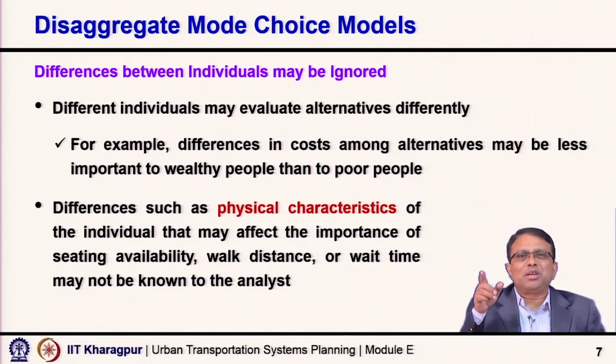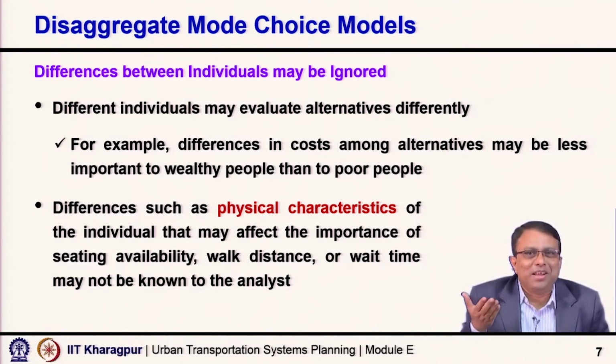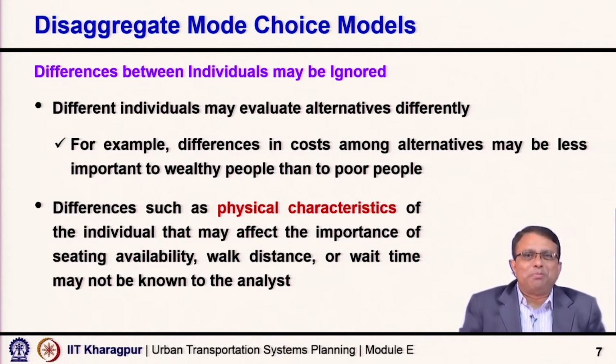If 3 characteristics are matching, then all individuals are going to be the same. It's in a way very strange, isn't it? It cannot be so simple, right? Because we are ignoring the differences between individuals, whatever characteristics we have considered, only based on those characteristics we shall make a certain prediction that everybody is going to make the same choice.